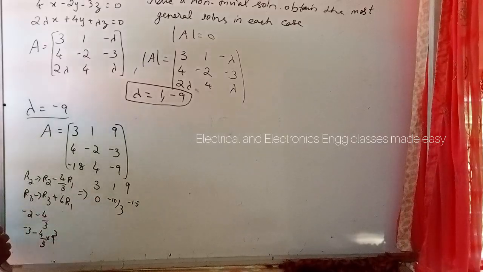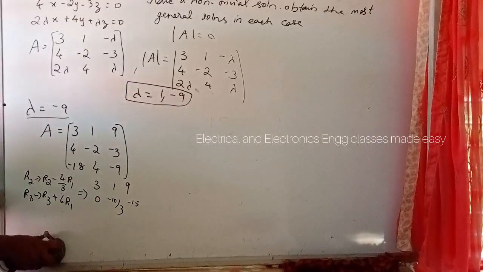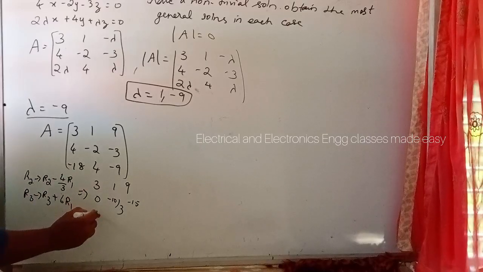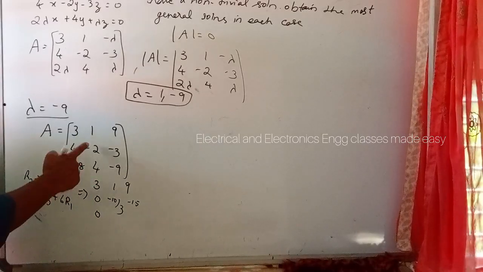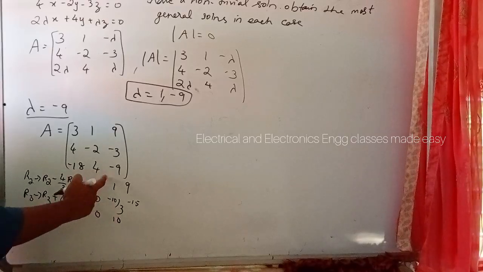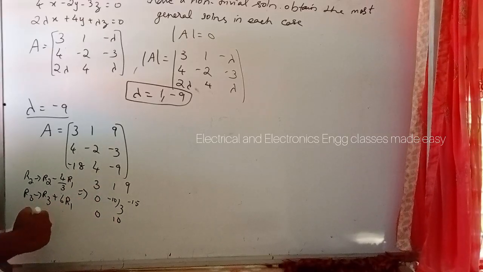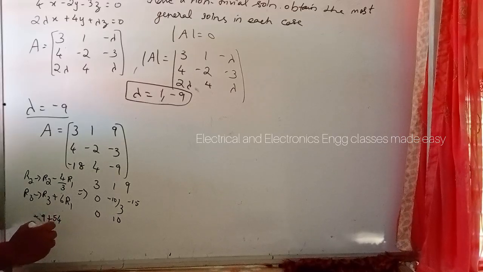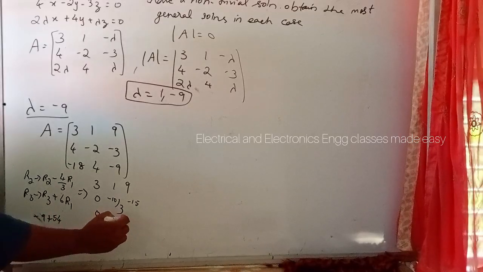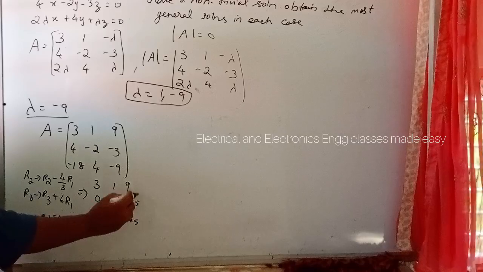Then next is, this is 0, then 4 plus 6, that is 10, then minus 9 plus 54, that is 45.